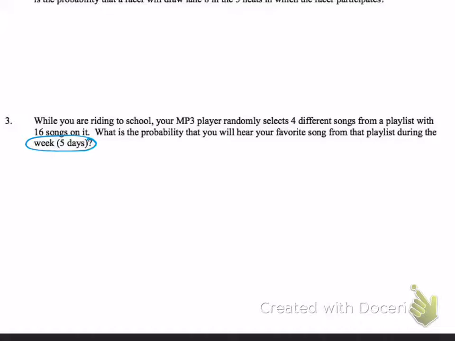What's the probability of hearing the song the first time? 1 out of 16. Then let's say it didn't come up. I've heard one song, but I want to hear the next one. 1 out of 15. I've got 15 left. Then I have 14 left. And then my last song, it's 1 out of 13.